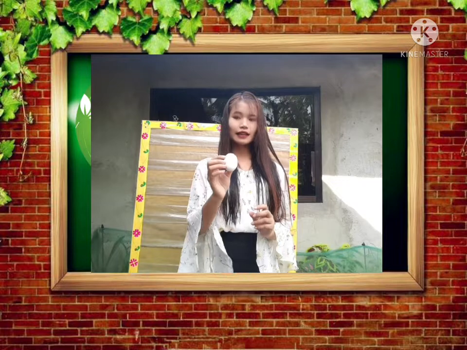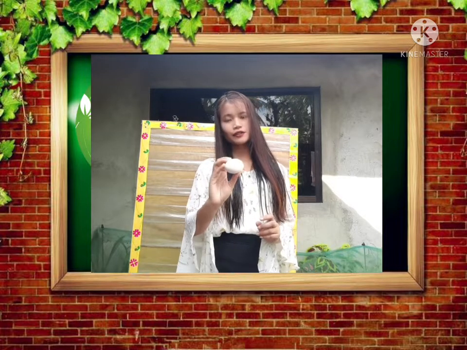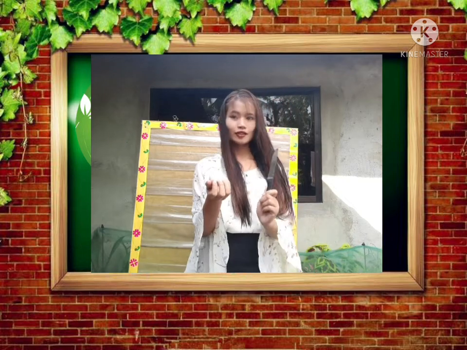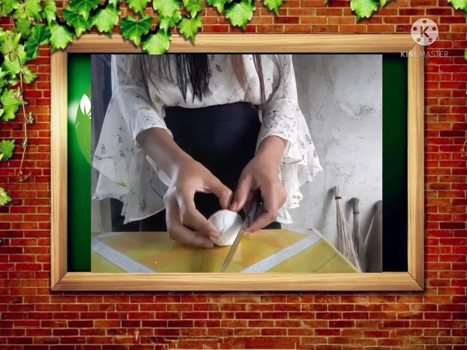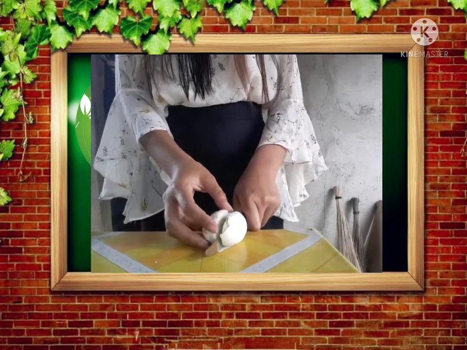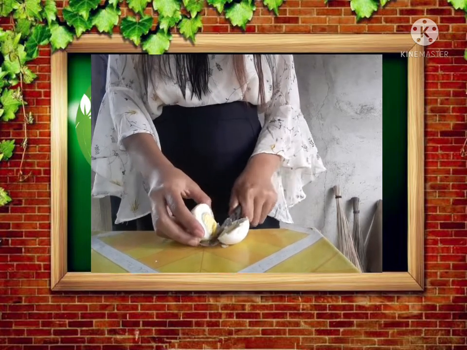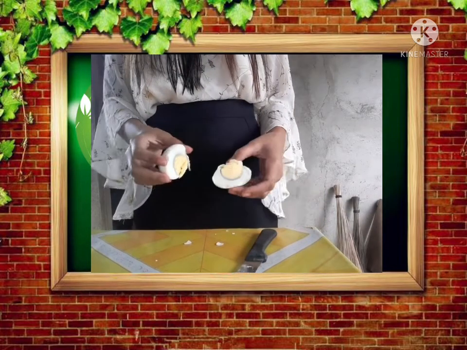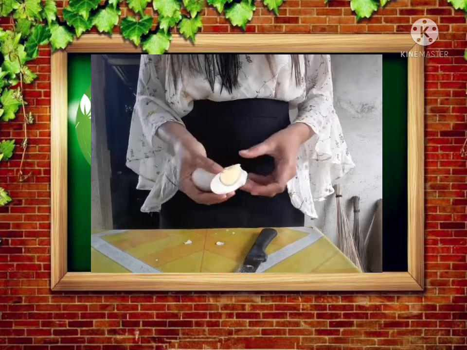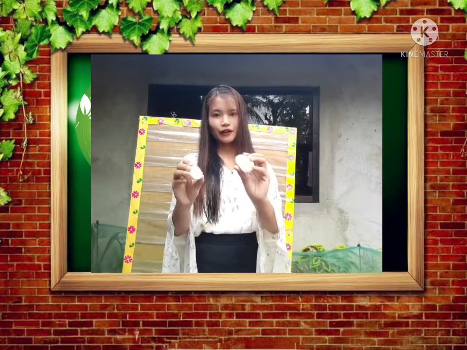Now we're going to cut this egg in half, so we need to use a bread knife to do this. So here's the interior of the egg.